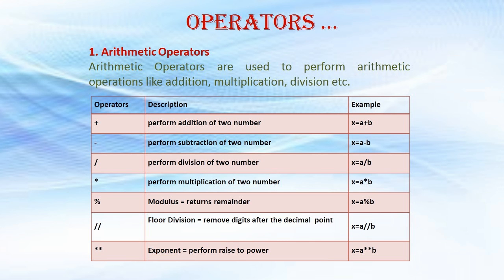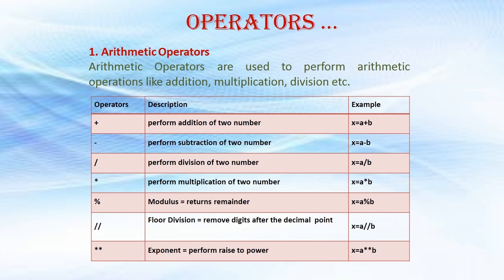Next is minus, again x equals a minus b. You can say that this is a rule to write a mathematical operation in programming languages. Then slash, which is used for division, asterisk, which is used for multiplication, then the percentage sign, which is called modulus, which is used to calculate the remainder.